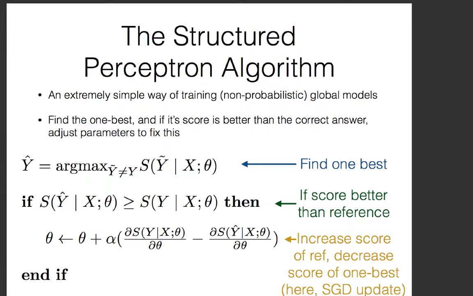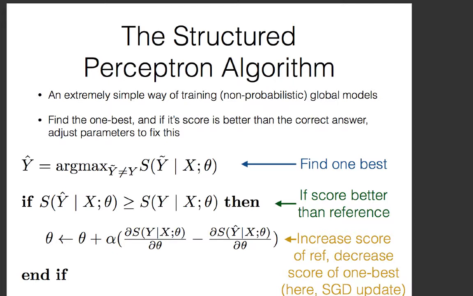This is the gradient that will increase the score of the true hypothesis, and this is the gradient that will increase the score of the found hypothesis. So we subtract this. We are trying to minimize this and maximize this.